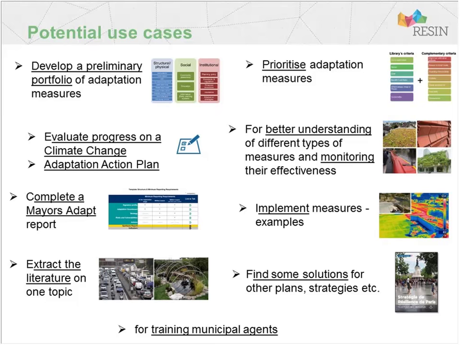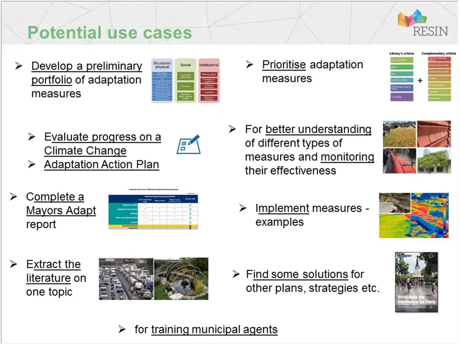It can also be useful to have some examples of how a measure needs to be implemented, going through the database, but also detecting the main paper and checking the paper. And this is in line with the next one, which is to extract the literature on one specific topic.